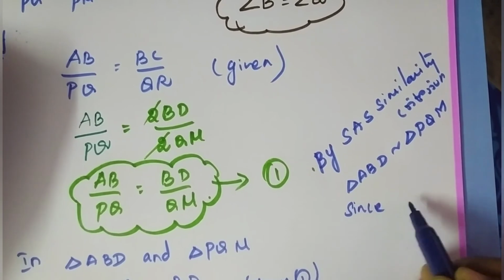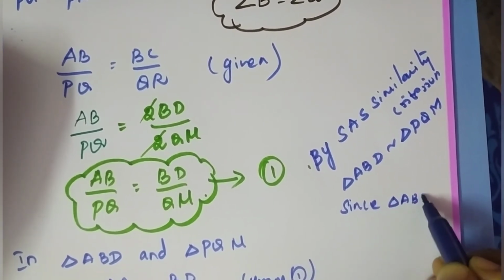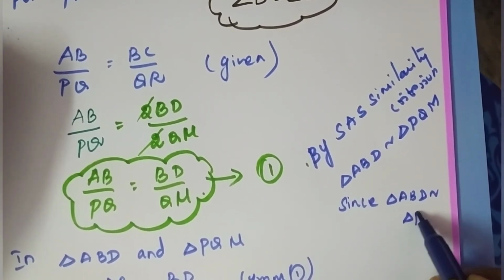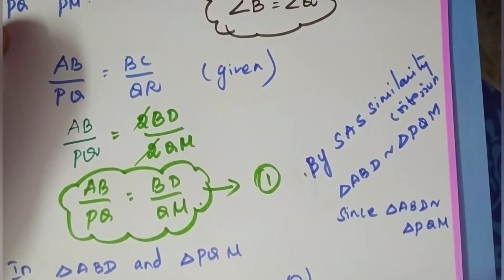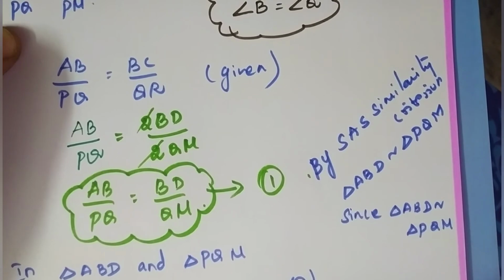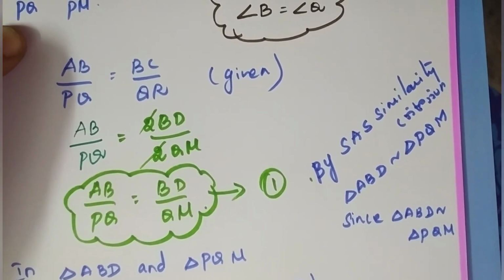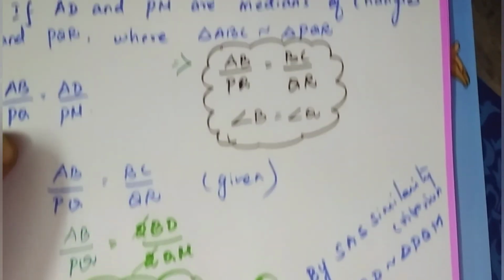Since triangle ABD is similar to triangle PQM, we can tell that the sides are in proportion.